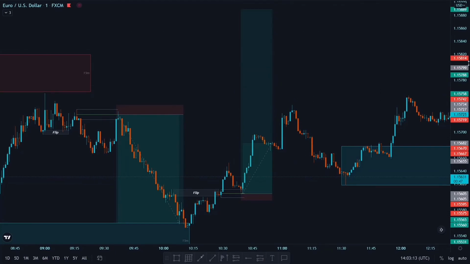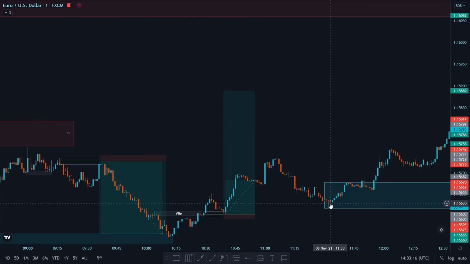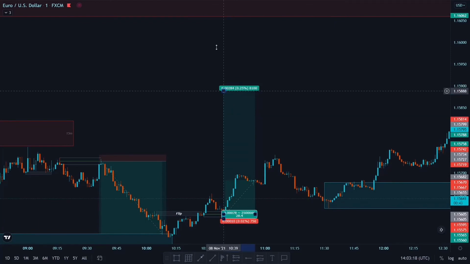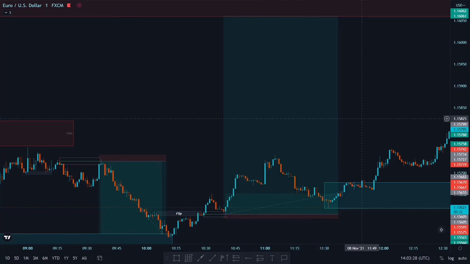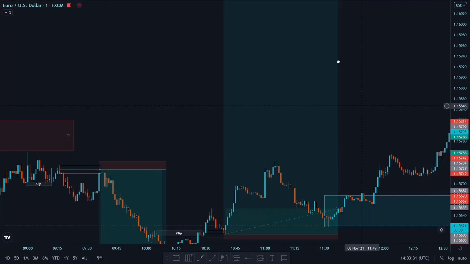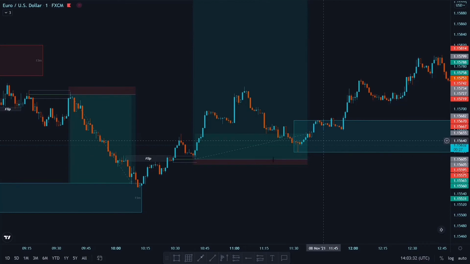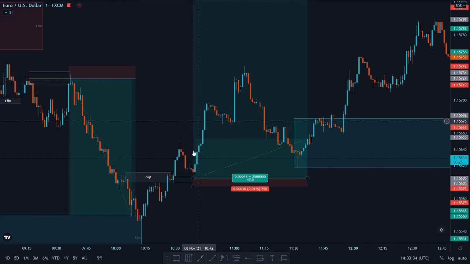This was my 4 hour unmitigated supply zone, and after this rapid move, I put my stop loss to break even here.